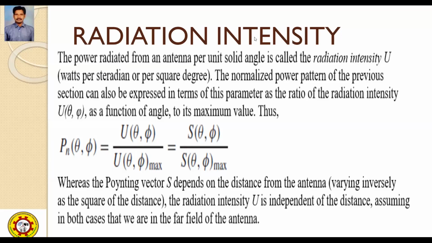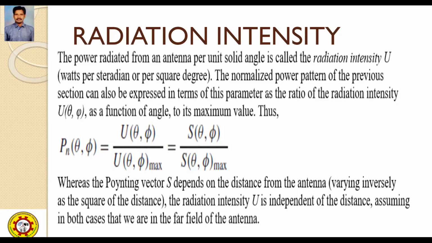Sometimes this radiation intensity helps to define the normalized power pattern also. What is the normalized power pattern? It is simply the ratio of radiation intensity to its maximum value.